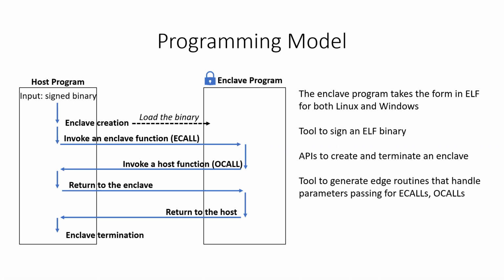And the host program can use the API to create an enclave by putting this enclave binary as input, which loads the binary inside the enclave. And we also provide a way for a host to invoke a function that is implemented inside the enclave program, that we call an ECALL. And also, there's a way for an enclave program to invoke a function defined by the host, that is through an OCALL.